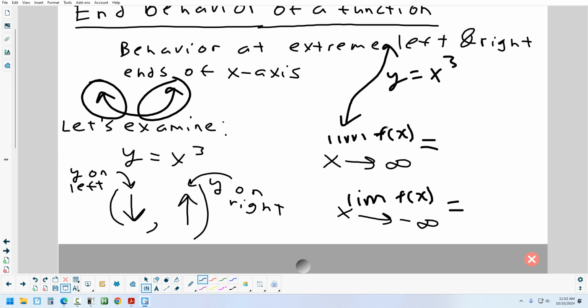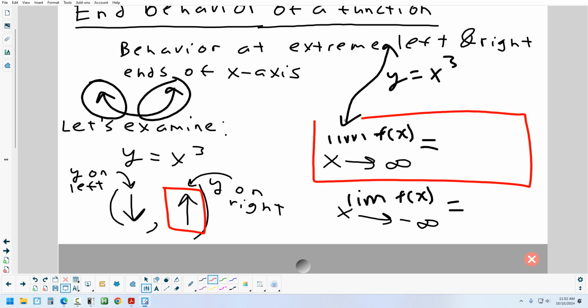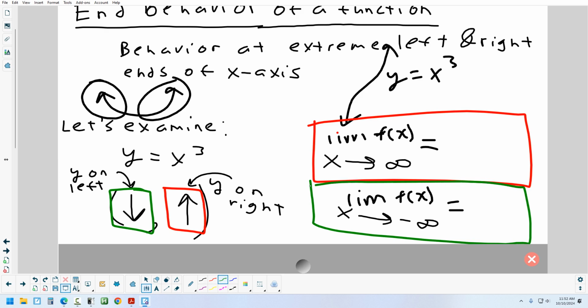You have to describe it on the right side and on the left side separately. This is going to be described by this, and that is going to be described by that. So let me read to you how to pronounce that exactly the way it's written, and then let me say it in a way that's going to be easier to understand.